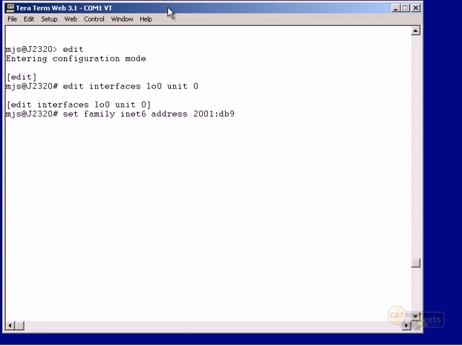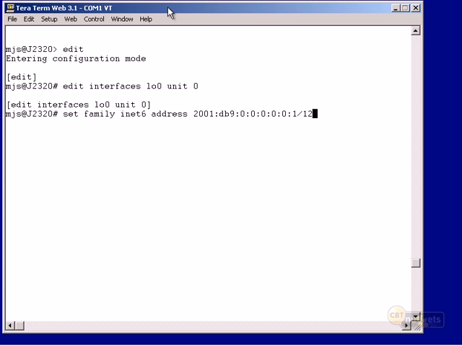Then I know I could put a colon in here, and I could put 5 more zeros separated by colons, and then I could put 1, that's the actual address, and then /128 is the actual interface address, and that's just like saying /32 to identify a particular IP address.